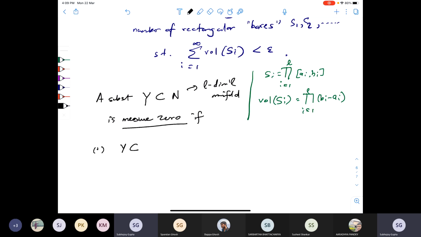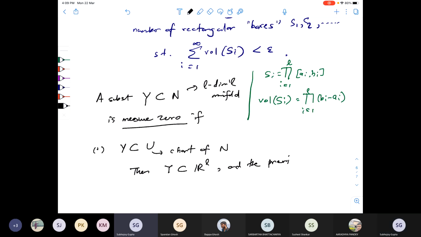If Y is contained in U, which is a chart of N, then Y is really sitting inside R^L, and the previous definition applies.